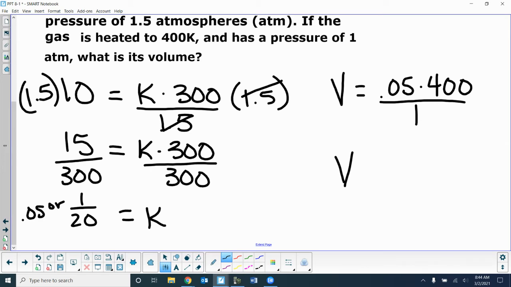I don't think it's 8, is it? Is it 2 something? 20, right? 5 times 4 is 20, then we just got to figure out where that decimal point would go. Basically, if I move this 2 to the right and that 2 to the left, it's 5 times 4, right?